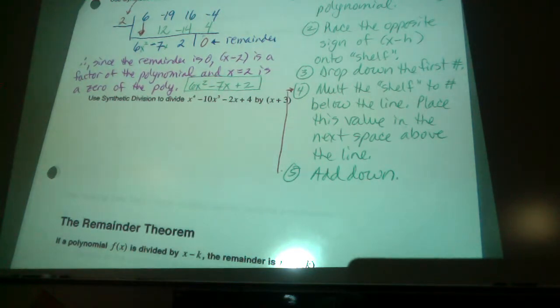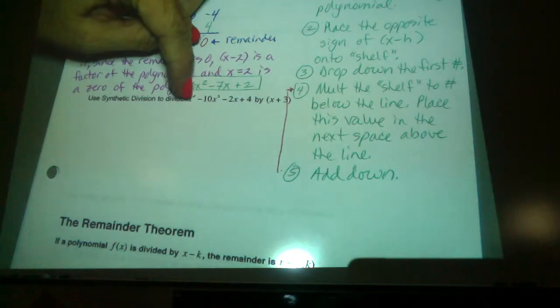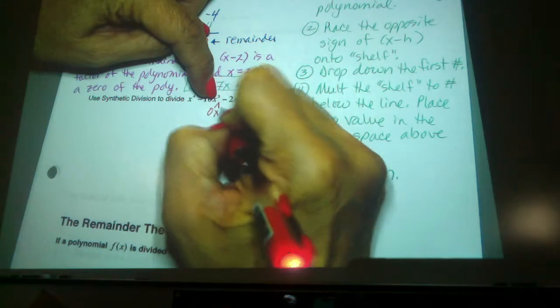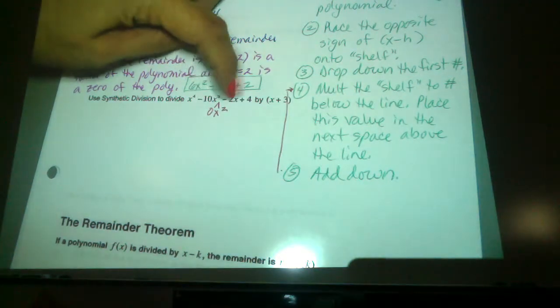And because it's a quadratic, if I could factor it, I would. Questions on that before we do the last problem? Is that ringing a bell? Okay. The last problem, you have to put in placeholders. So I've got x to the fourth, x to the third, I'm missing 0x squared, x, and then my constant.